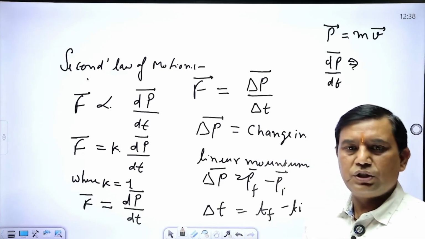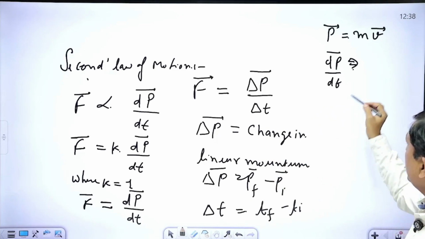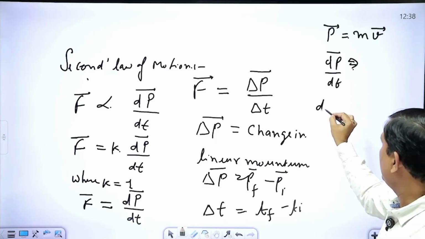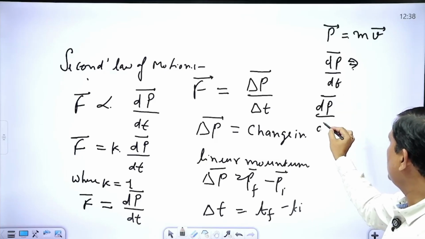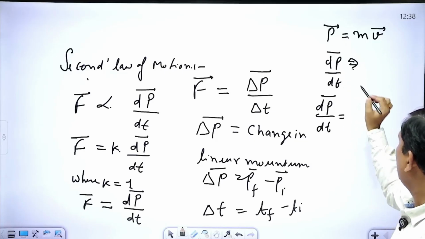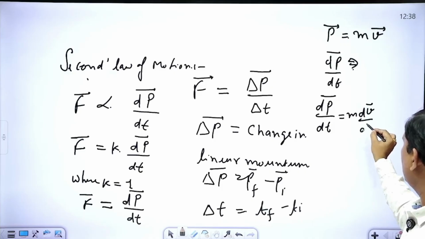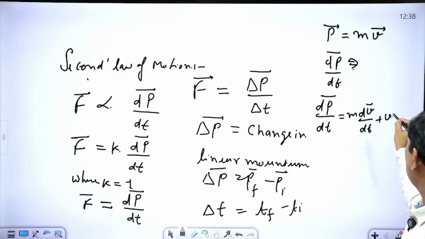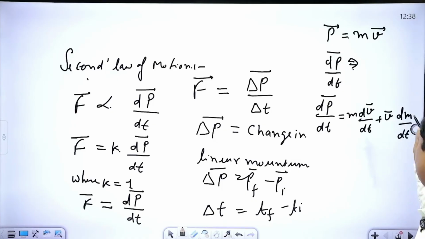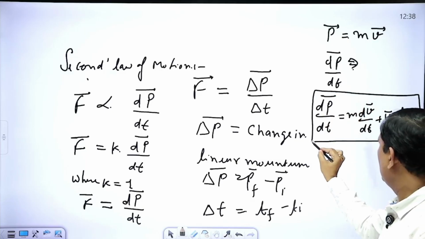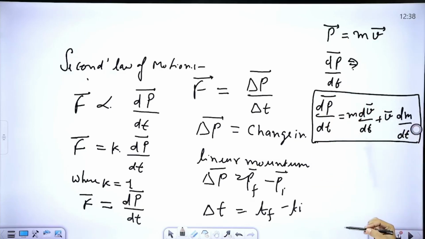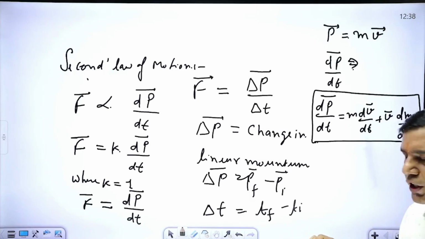Both can change. So dp vector upon dt equals, when mass is constant, m dv vector upon dt, and when velocity is constant, v dm upon dt. This is the differentiation of the linear momentum with respect to time.